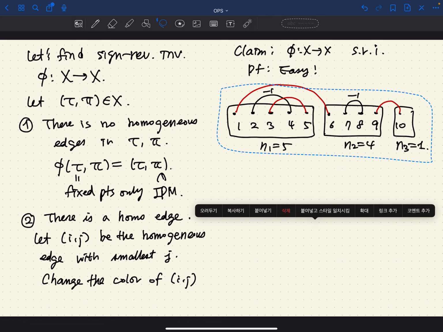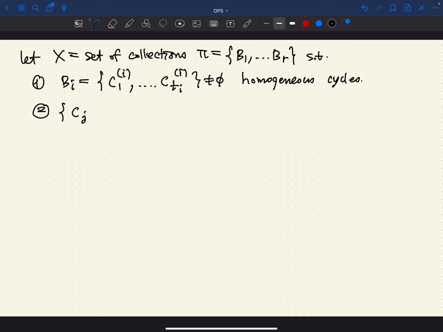if you combine all of them, the C_ji, everything, if you collect everything, these are the cycles, with i from 1 to r and j ranging over each block. Basically what I mean is we collect all the cycle structures. So this is a set of cycles. You take the union of all of them, and think of this as just a set.